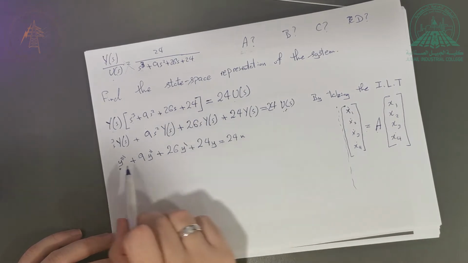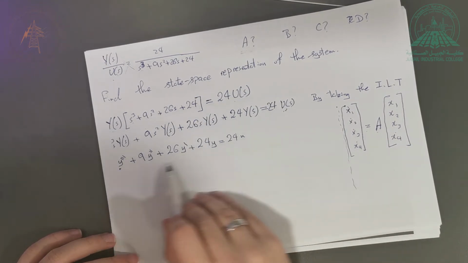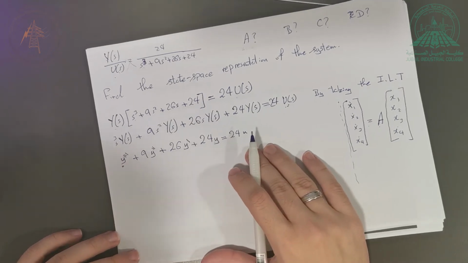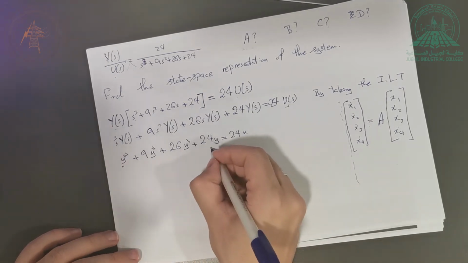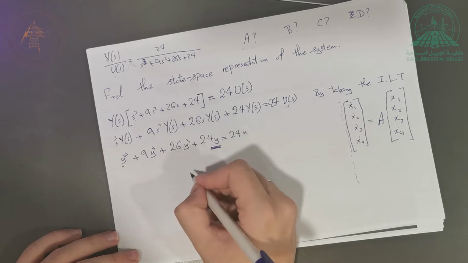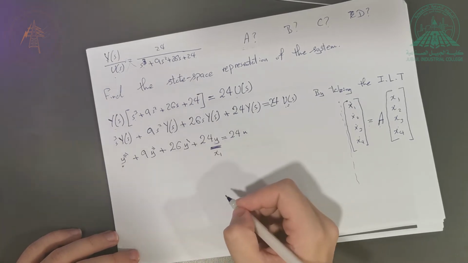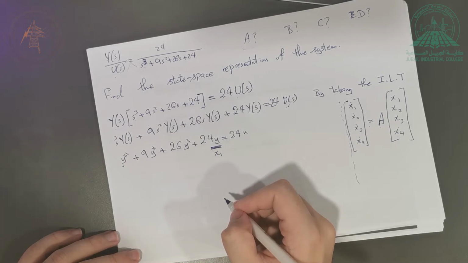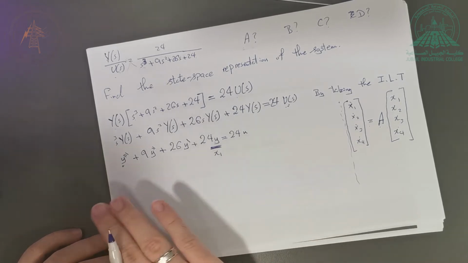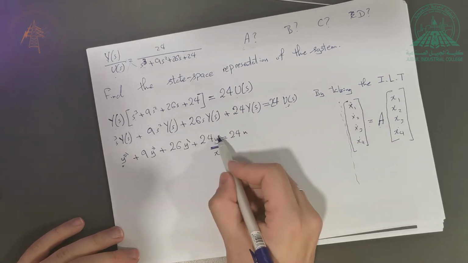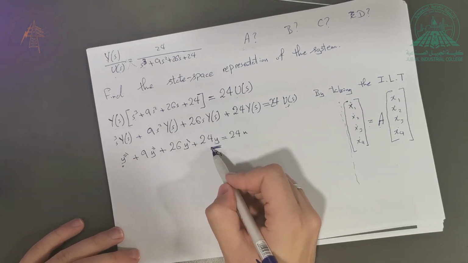So what I'm going to do, this is a typical issue. Since I have the differential equation, if you have a differential equation that governs any system, then this is how you do it. First, you go to the variable itself, which is y in this case, and choose it as your first state. Again, once you have a differential equation of any system, always go for the variable itself.